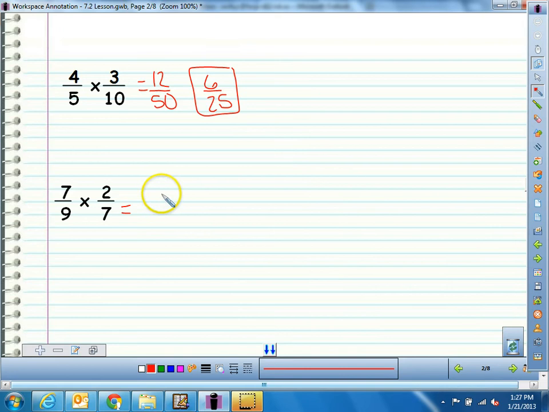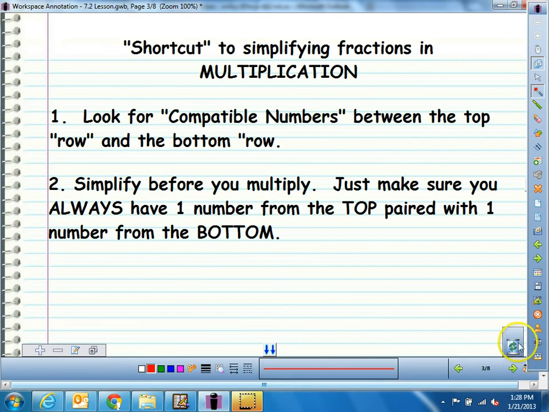Here, when we do this, we get 14. What's 7 times 9? 63. Ooh, I can reduce this, and it gets me right back down to 2/9 when I divide both of these by 7. So 2/9. All right, well, we're trucking along. We're doing quite well here.